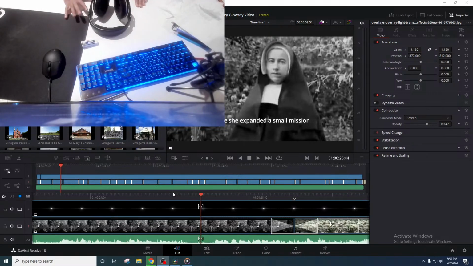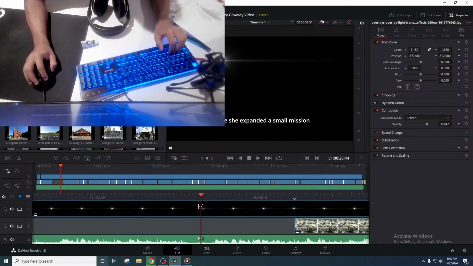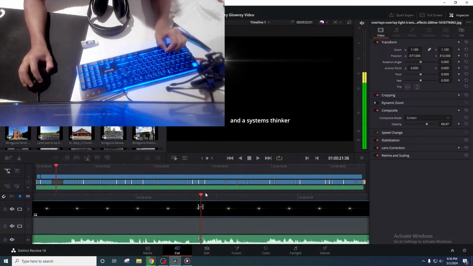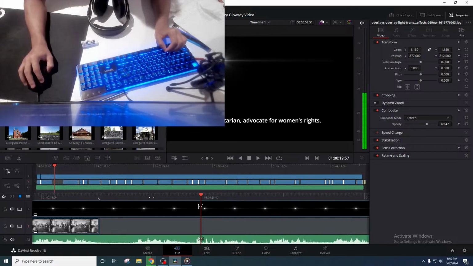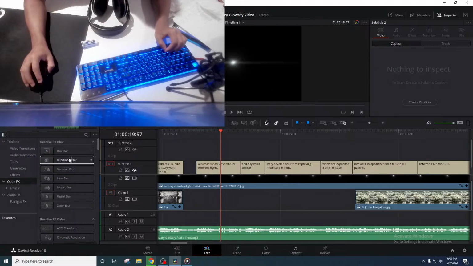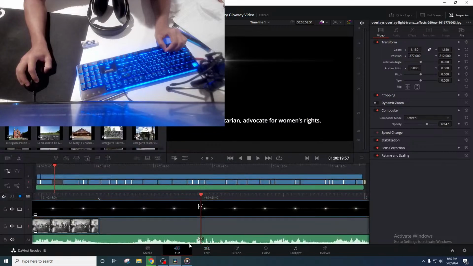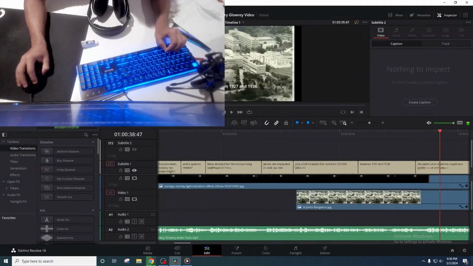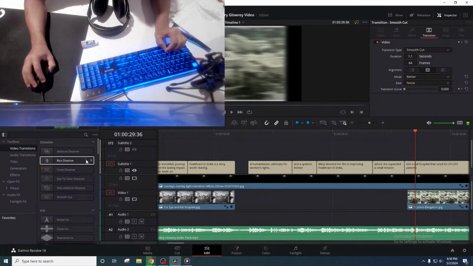Here, let's just get rid of this image. What we can do is, can we add transitions even if there's nothing? Alright, so far, what transitions have we been doing? Dip to color, smooth cut.